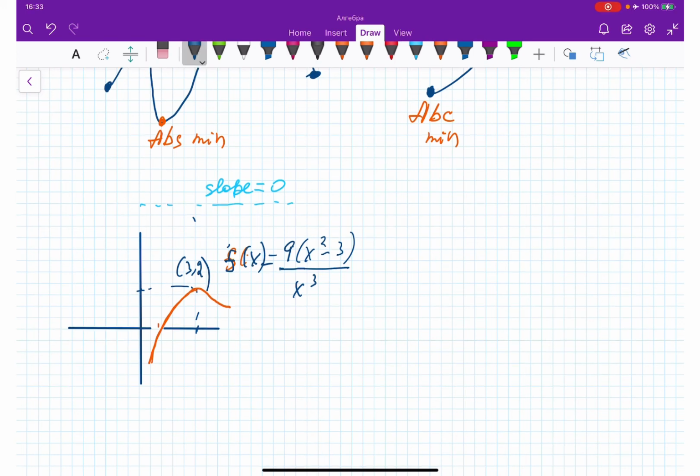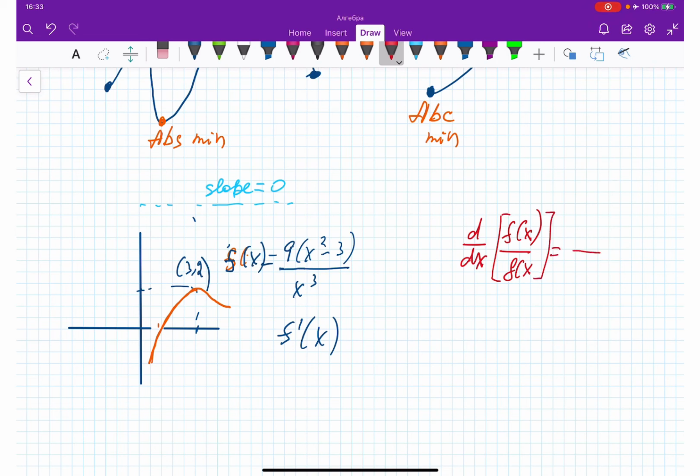So first derivative f prime of x, let me remind you here, d/dx of f of x divided by g of x is equal to f prime g minus g prime f, divided by g squared. Okay, and obviously g of x cannot be equal to 0. All right, so let's go for it.